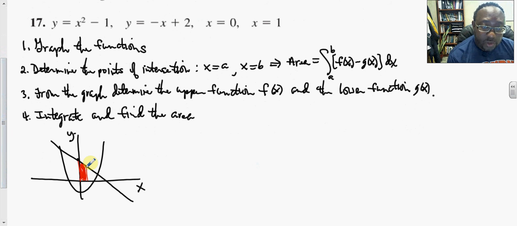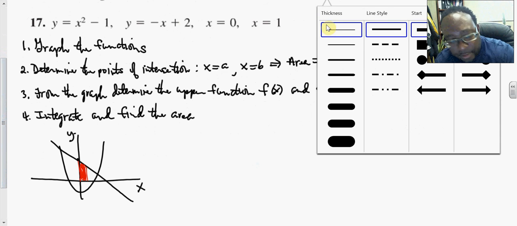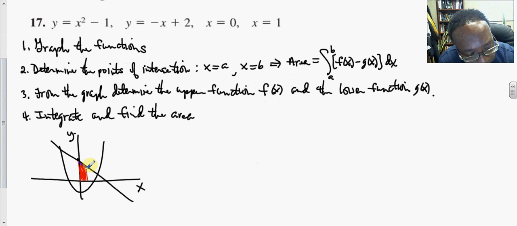So this is the region that we need. And if that's the case, then we don't have to solve for the points of intersection, because this region that we're determining that is bounded here is fully enclosed. So the top function would be the straight line.